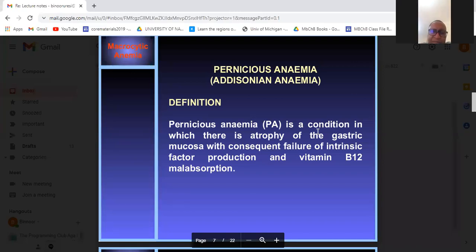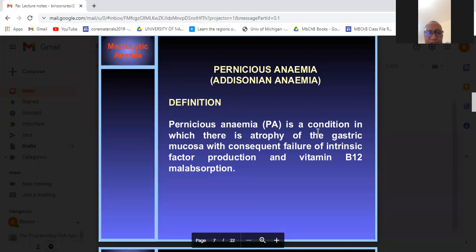Pernicious anemia, we also call it Addisonian anemia. It's basically defined as a condition in which there is atrophy of the gastric mucosa with consequent failure of intrinsic factor production. This affects B12 absorption.